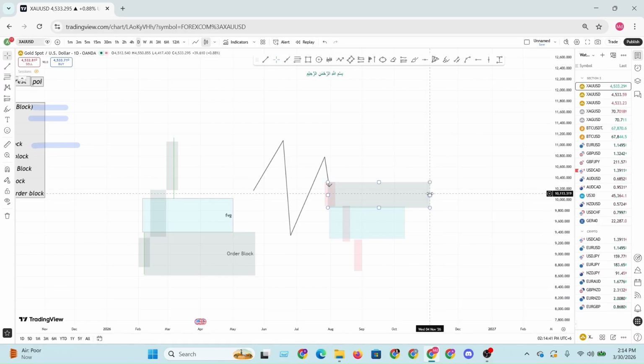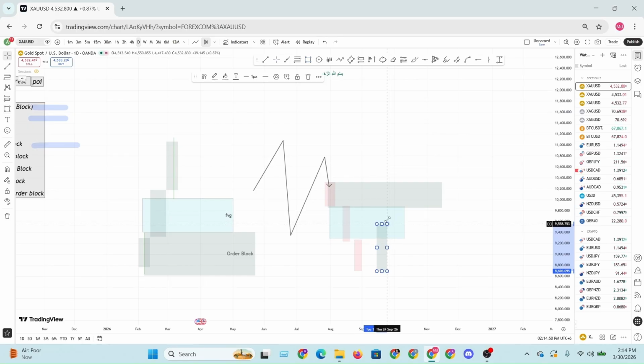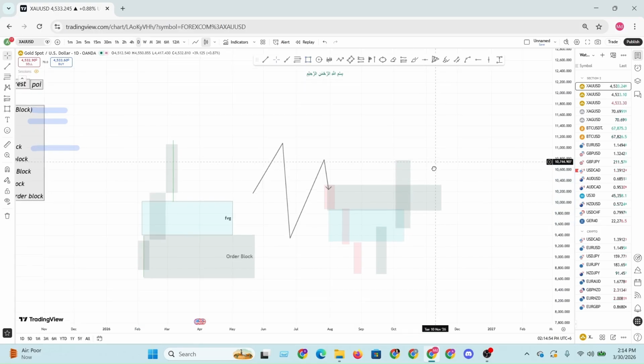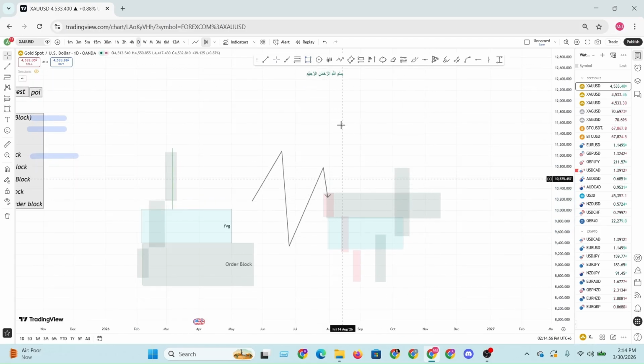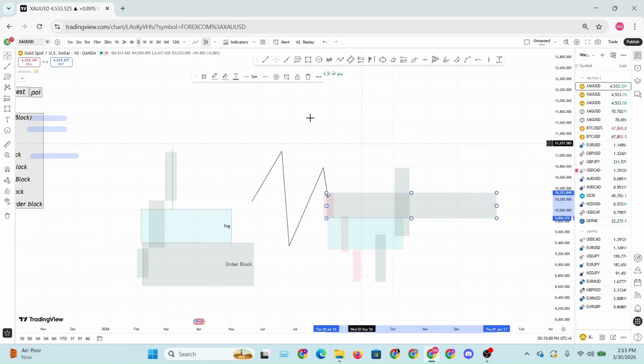So when an order block is broken, it turns into a breaker block.